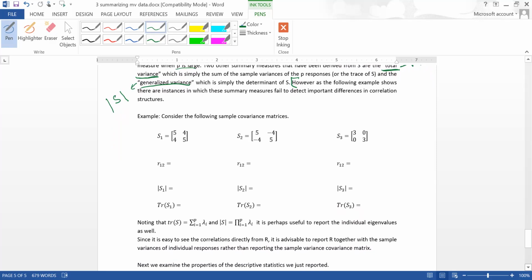I'm asking you to find the correlation coefficient, the determinant of the matrix, and the trace of the matrix. That means the correlation between the two responses, the total variance and the generalized variance. Okay, first matrix. What are the three values? You can calculate and see.